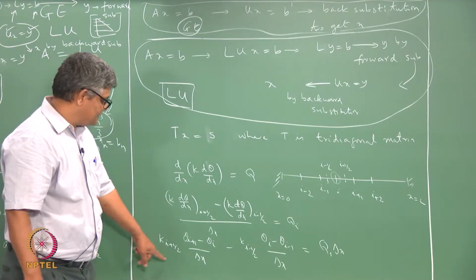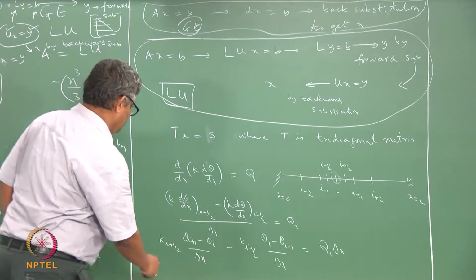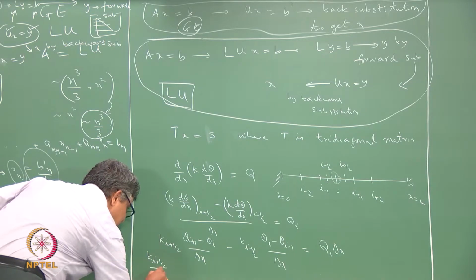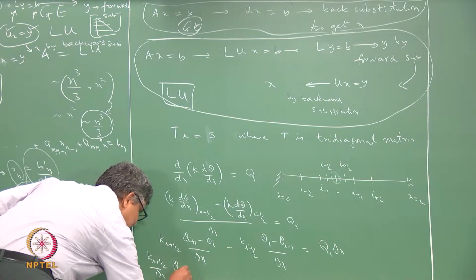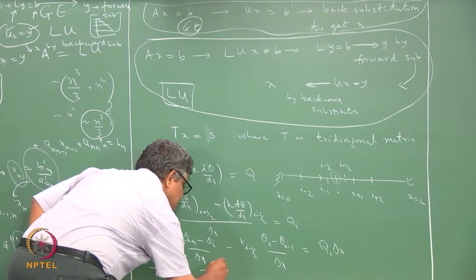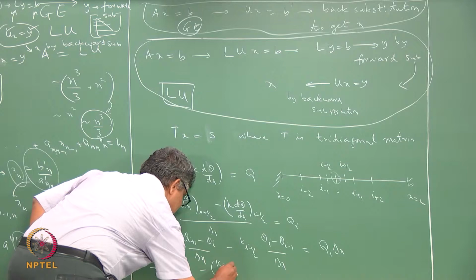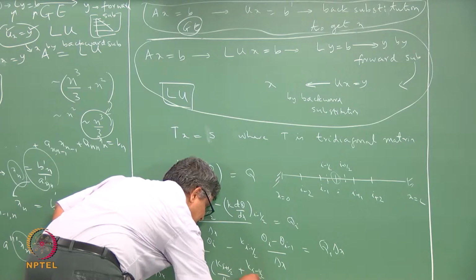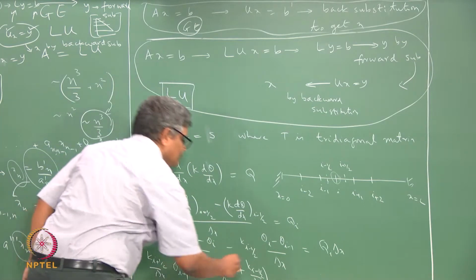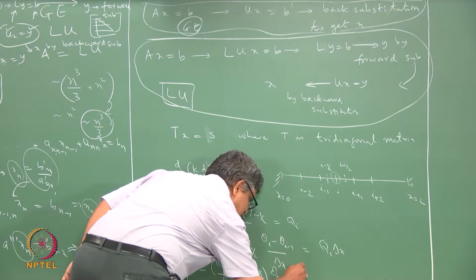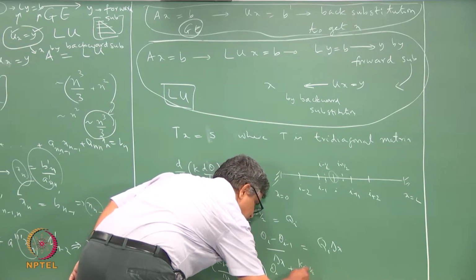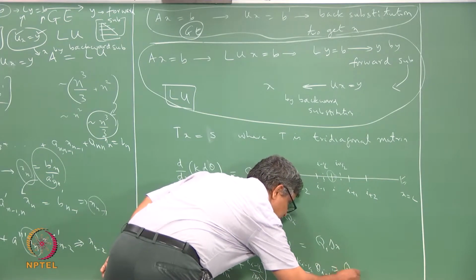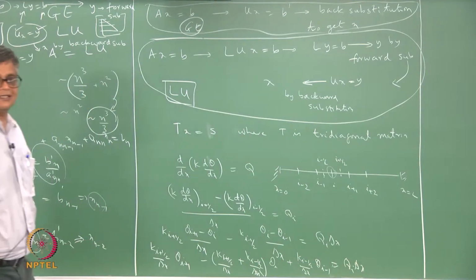So, we can write this as k I plus half by delta x times theta I plus 1 minus k I plus half by delta x plus k I minus half by delta x times theta I plus k I minus half by delta x times theta I minus 1 equal to qi times delta x.